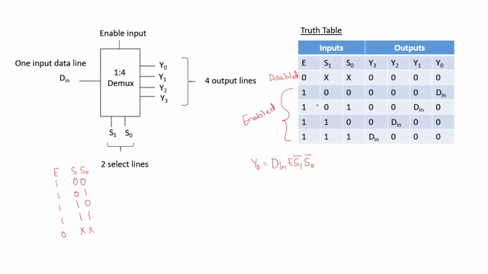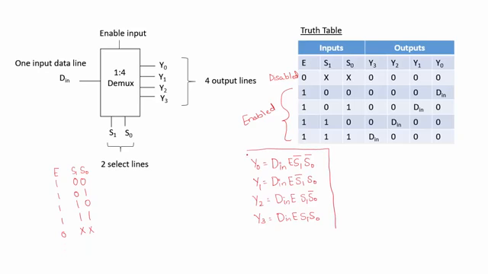This is similar to what we had done in multiplexers: if you have 1, you write the variable, and if you have 0, you write the complement of that variable. Similarly, for Y1 it will be DIN E, S1 bar, S0. For Y2 it will be DIN E, S1, S0 bar, and for Y3 it will be DIN E, S1, S0.